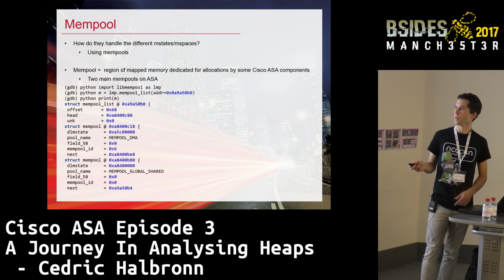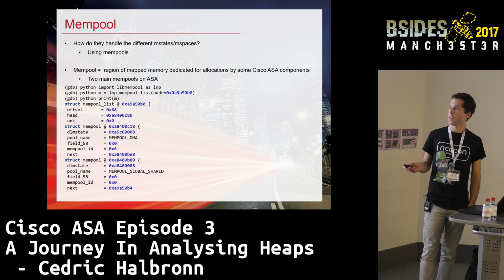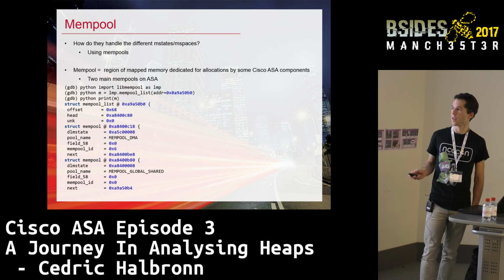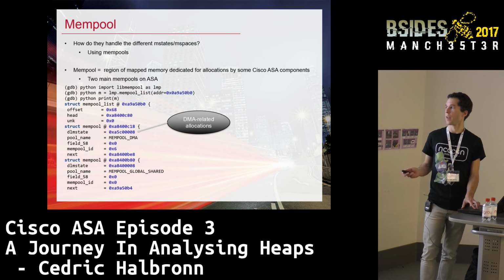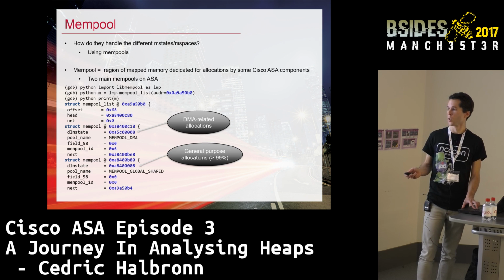We built this tool, which shows a structure, the mempool list, which contains different mempools, and each mempool points to an M state with a different name. We have one for DMA-related allocations, and the most important one, the general purpose allocation. So the M state we saw earlier is tracked from a mempool.